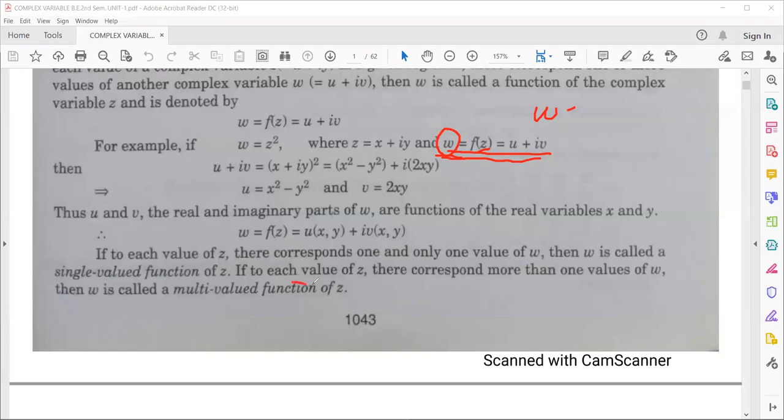So for each value of z, if there correspond more than one values of w, then w is called a multi-valued function of z. And for each value of z, if there corresponds only one value of w, then this w is called a single valued function.